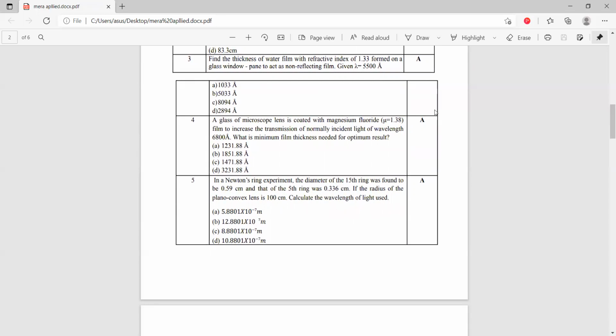Our options are option A 5.8801 into 10 raised to the power minus 7 meter, option B 12.8801 into 10 raised to the power 7 meter, option C 8.8801 into 10 raised to the power minus 7 meter, and option D is 10.8801 into 10 raised to the power minus 7 meter. And the correct answer is option A, 5.8801 into 10 raised to the power minus 7 meter.